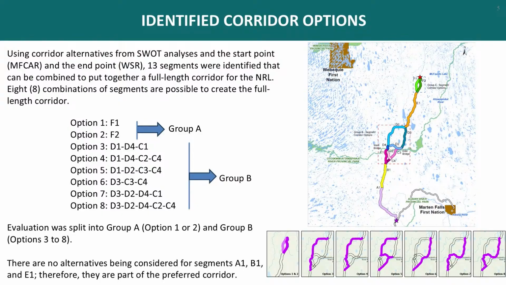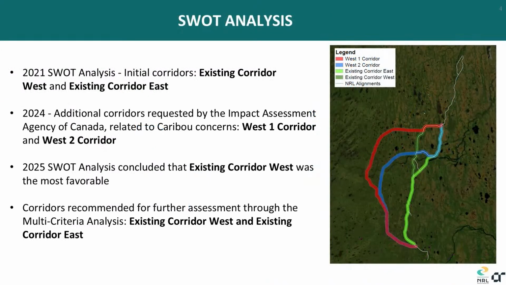SWOT analysis, we started this in 2021. We had two corridors, the existing corridor west and the existing corridor east. Then in 2024, we added corridors as requested by the Impact Assessment Agency of Canada related to caribou concerns. This was West 1 corridor and West 2 corridor.